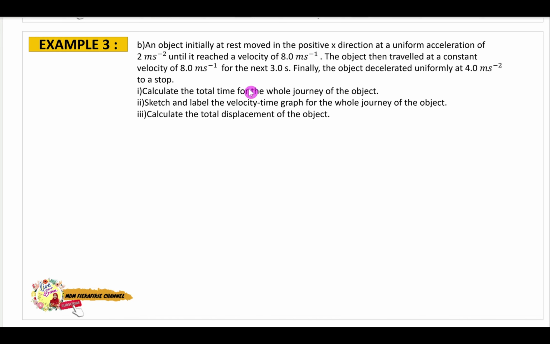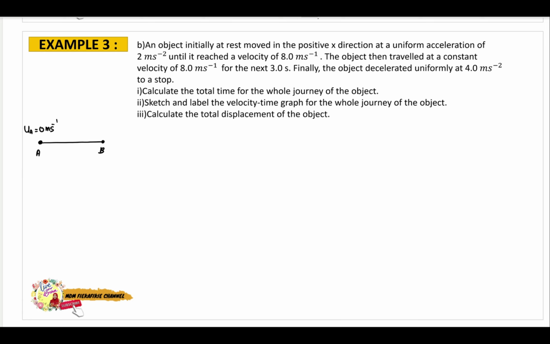Okay? So before we start, I want to sketch first. Let's say this is the starting point, we call it point A. And then this is point B. So initially, the object is at rest, so that means UA is equal to 0.